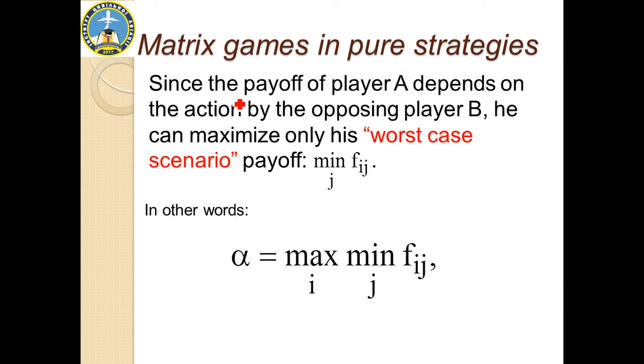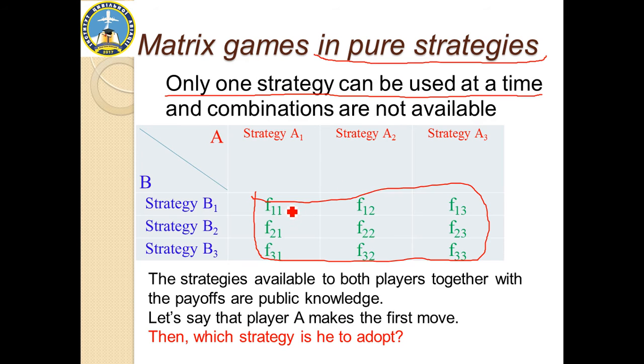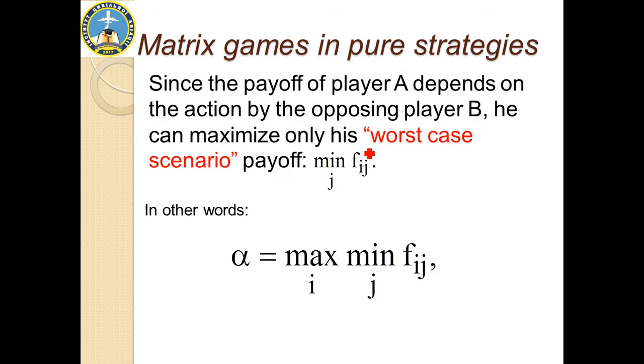Since the payoff of player A depends on the action by the opposing player B, he can maximize only his worst case scenario payoff, or the minimum across the column. It's like in a game with nature, when the decision maker could only optimize his worst case scenario payoff.